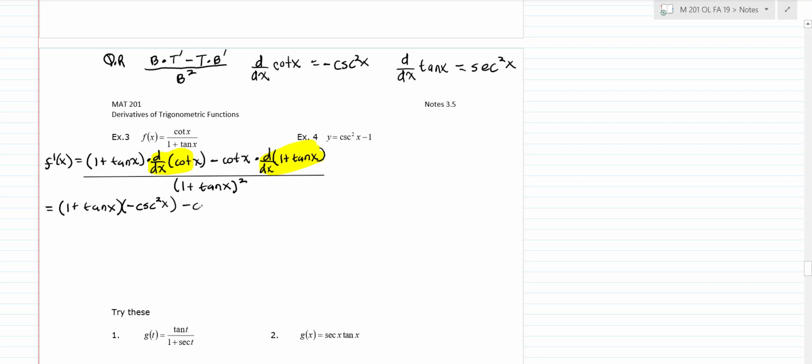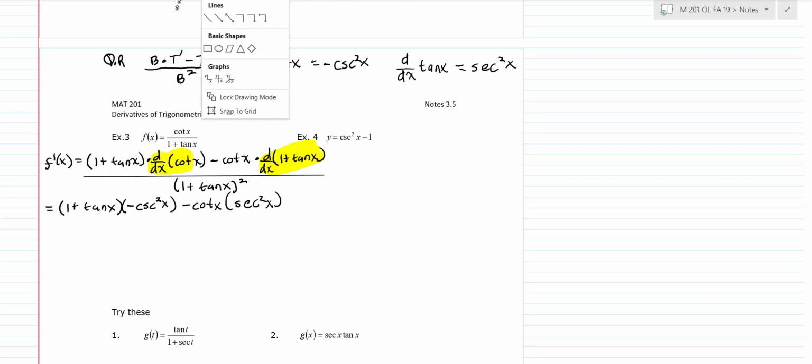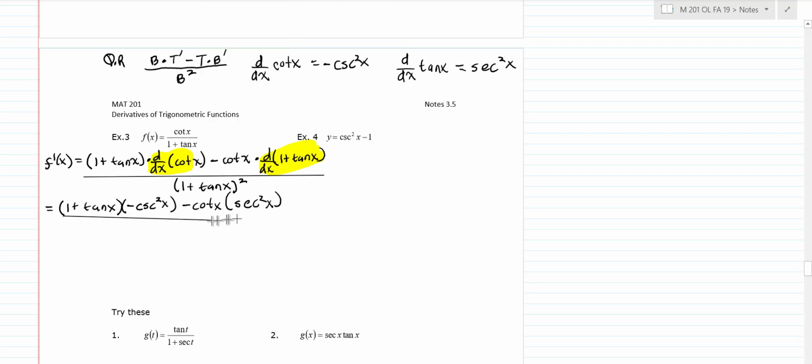Then we have minus cotangent of x. The derivative of this, of course, derivative of 1 is 0. Derivative of tangent is secant squared x. Okay, and from here, draw your big fraction bar. And then what we'll have is 1 plus tangent of x squared.